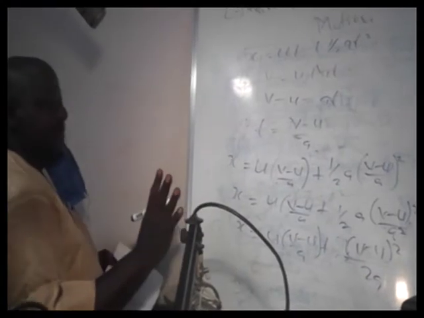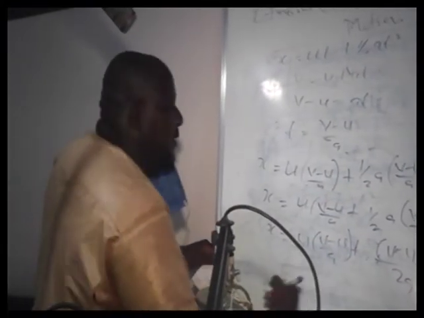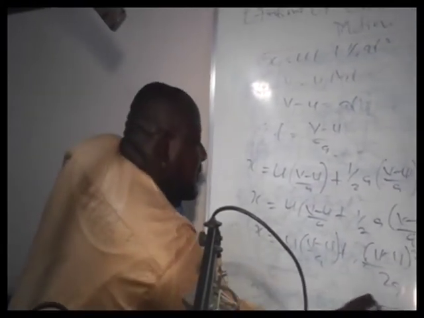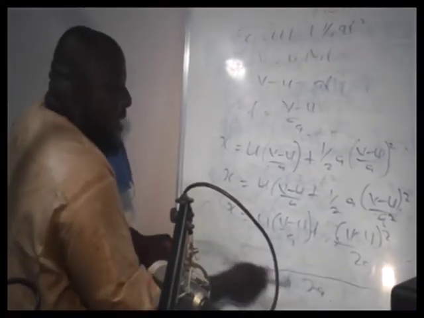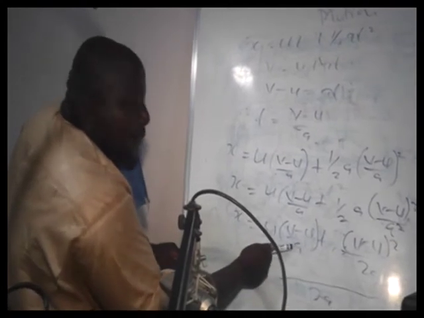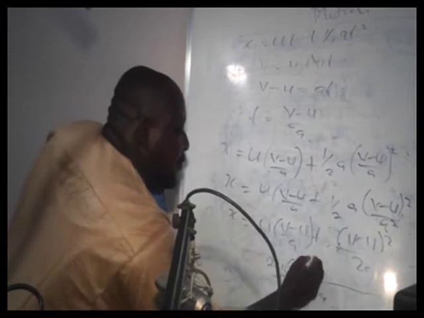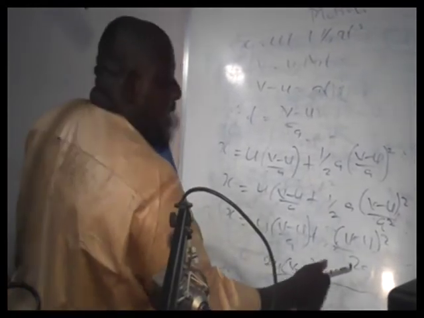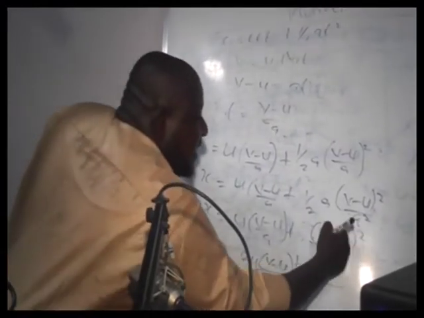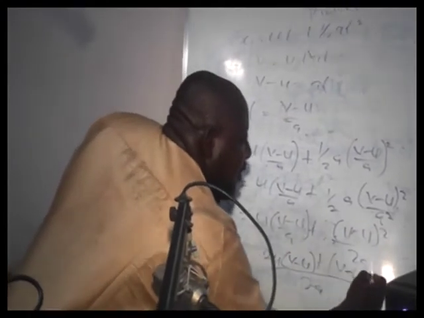We're left with 2a. That is clear. Then we look for the LCM. If this LCM is 2a, a against a will cancel. So we have 2u left into v minus u, plus 2a cancels 2a, and we still have this v minus u all squared.